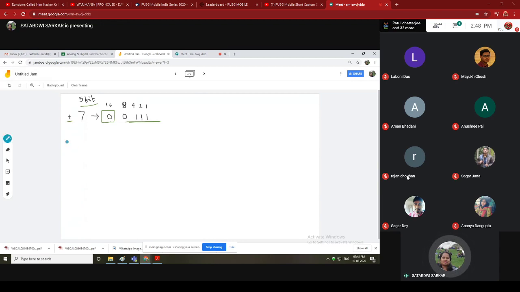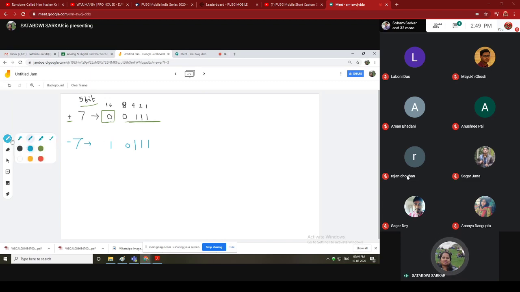Now, if we want to represent minus 7 in 5-bit representation, we have to put 1 at position 1, 1 at position 2, 1 at position 4. So it is already 7, but it is 5 bits. The question needs 5-bit representation, so we have to put a 0 here, and in this position we have to put 1.